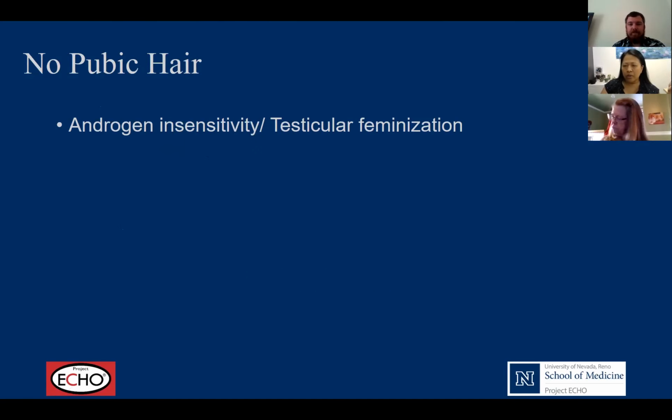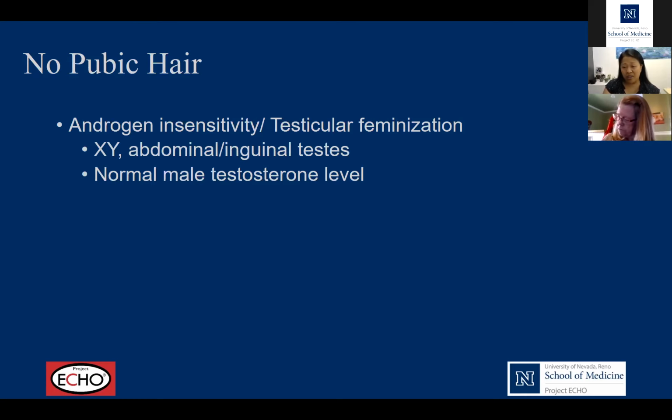Okay, so what if a girl has no period and doesn't have pubic hair? Then what you want to think about is something called androgen insensitivity, which more commonly used to be called testicular feminization, but we're veering away from calling it that because people used to call these patients TFEM, which is slightly negative. In this case, those patients phenotypically look female but biologically are male, okay?